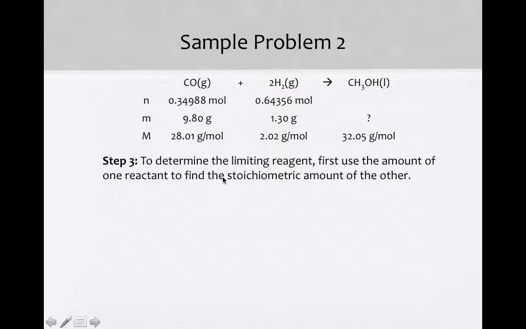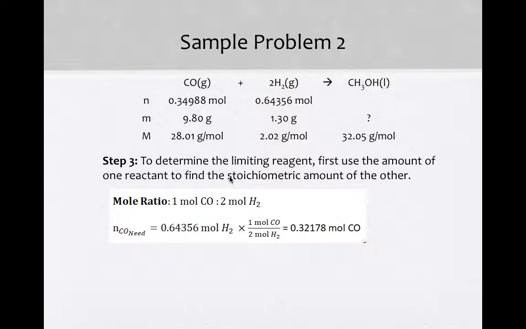So we're going to have to identify that limiting reagent. And we can choose one of them and try to figure out how much of the other we would need. Now, it doesn't matter which one we choose, but for this scenario, I decided to solve for the amount of carbon monoxide we would need.